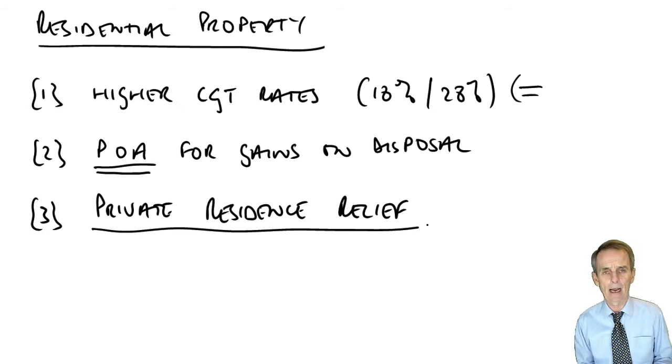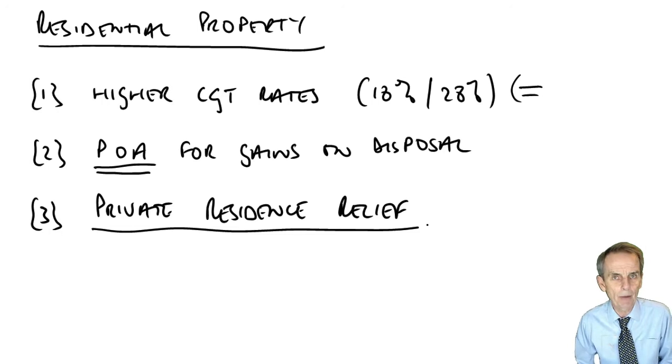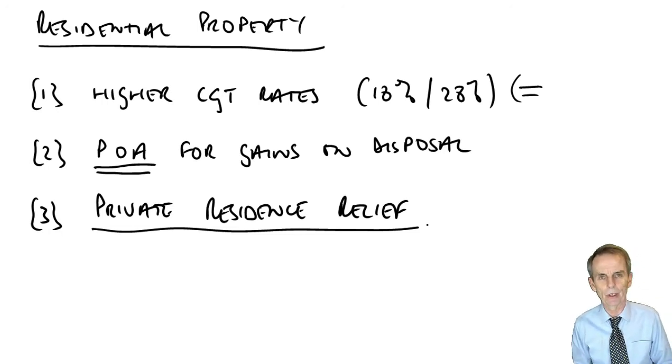They live in that property. Although that is mostly what happens for the vast majority of taxpayers within any tax year, it's 100% relief. Effectively, the disposal is exempt.